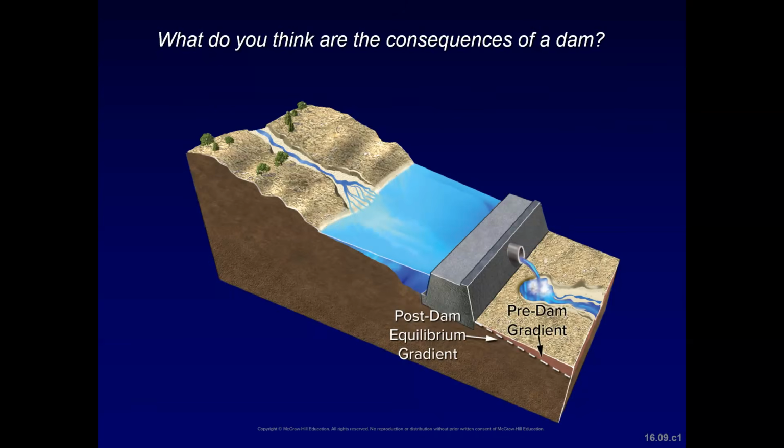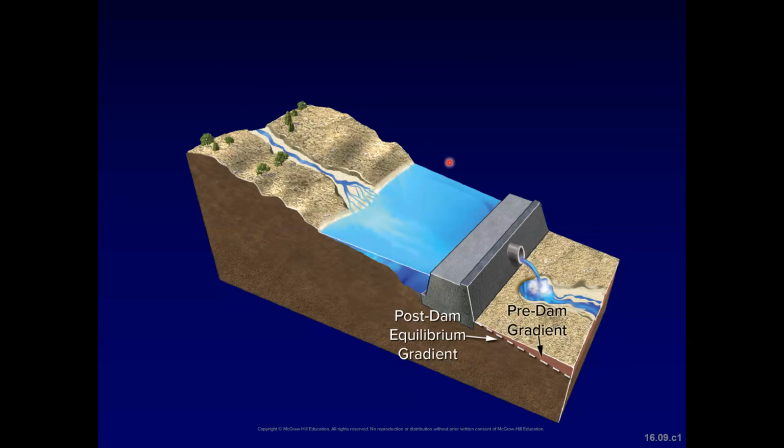Now let's talk about damming of a river. Okay, so you have a stream flowing out. This is a man-made structure that stops the water, creates a larger body of water, and it can drain further like this. So the dam represents a new temporary base level for a stream.